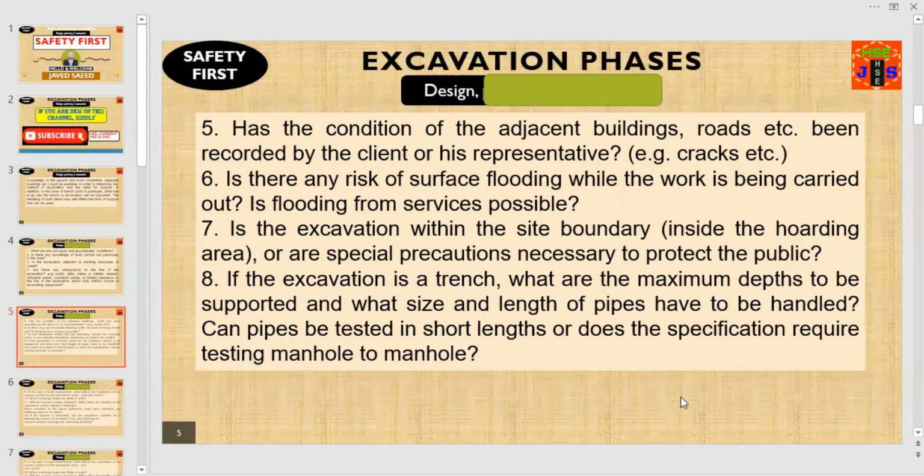Number eight, if the excavation is a trench, what are the maximum depths to be supported and what size and length of pipes have to be handled? Can pipes be tested in short lengths or does the specification require testing manhole to manhole?